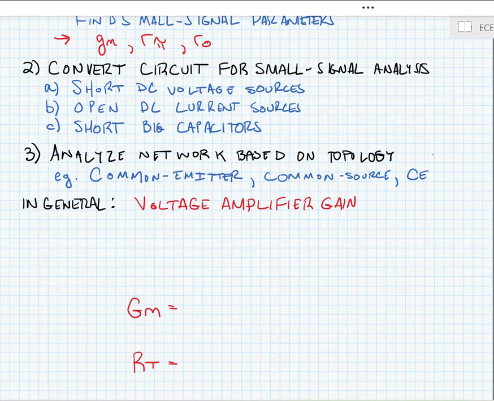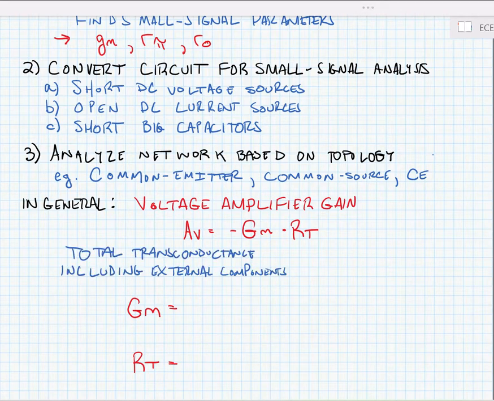Now, in general, the voltage gain for the voltage amplifier is given by the following. Av is equal to minus big Gm times big Rt. Gm is the total transconductance, including the external components that are connected to the circuit.